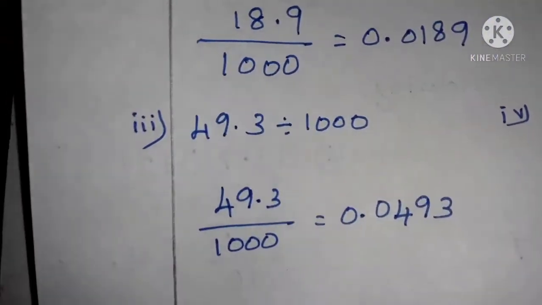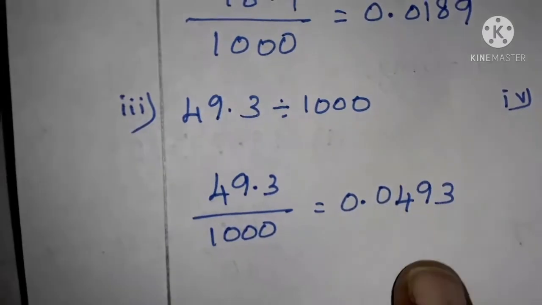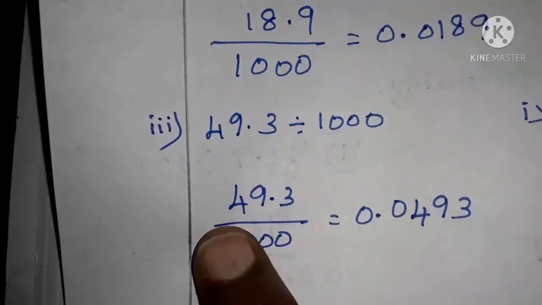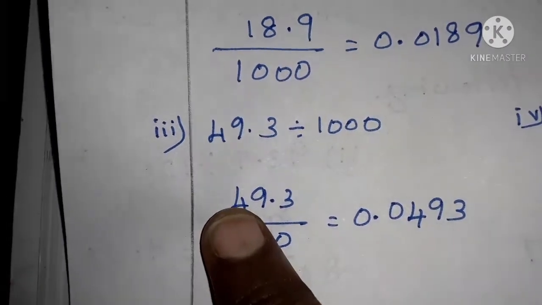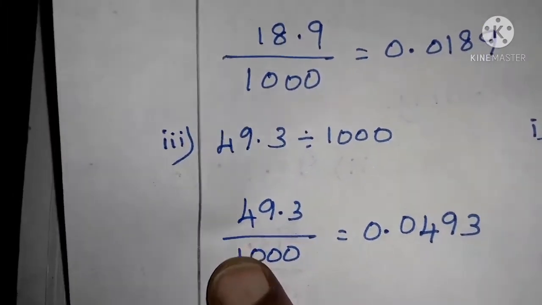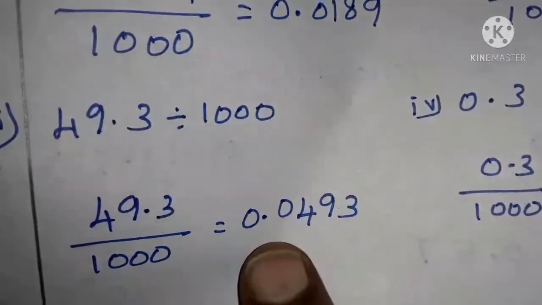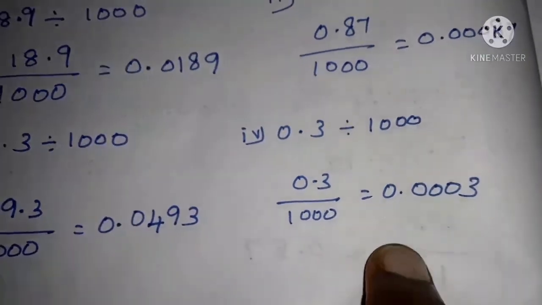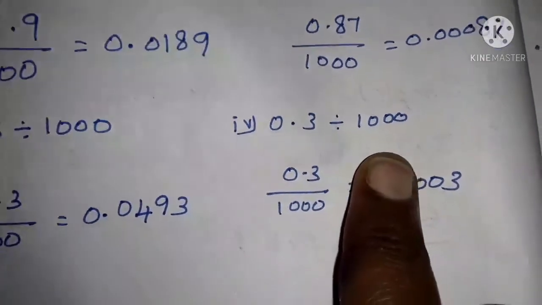Next, 49.3 divided by 1000. So 49.3 divided by 1000 means it moves 3 digits before. Already 2 digits are there, so we have to add one more 0 and we put the decimal point. So 0.0493.